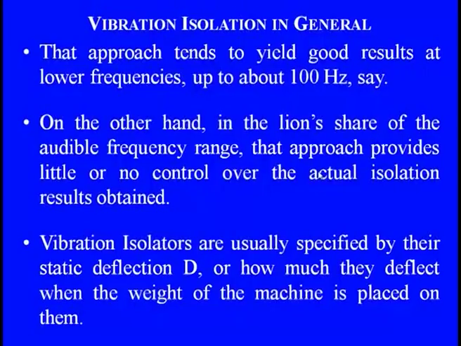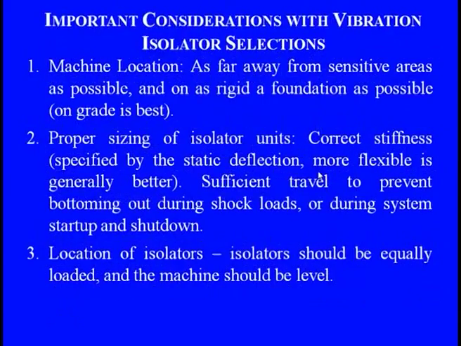It's not just trial and error, that we can adopt some kind of thing and get an effective solution. So vibration isolators are usually specified by their static deflections, that is, how much static deflection there is when the weight of the machine or anything is put on them.